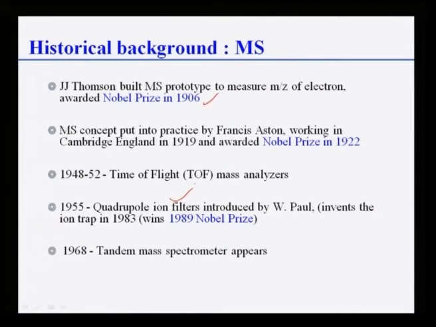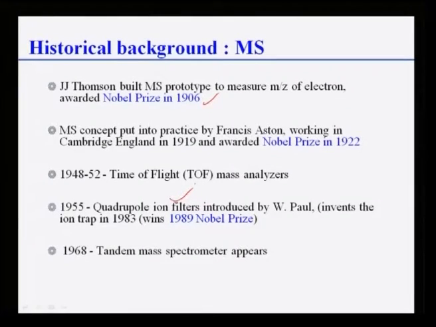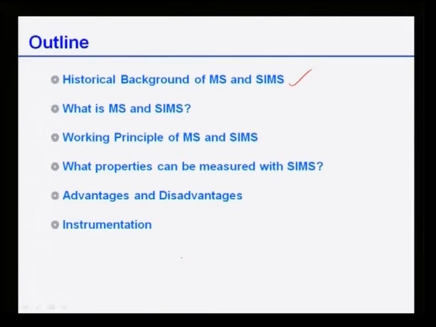He also invented the ion trap in 1983. After that, in 1968, came the development of tandem mass spectrometers.